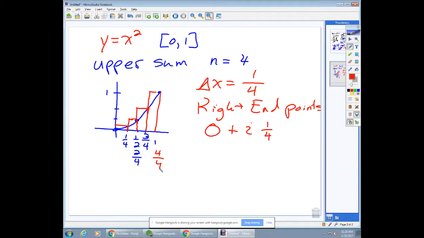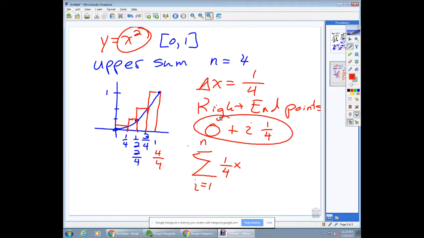So if I were going to write this as a sum, which I actually didn't ask you to, the sum would look like this. The sum as i goes from 1 to n of the base of the rectangle, 1/4, times the height of the rectangle, which would be the function evaluated at those points, so times i over 4 to the second.